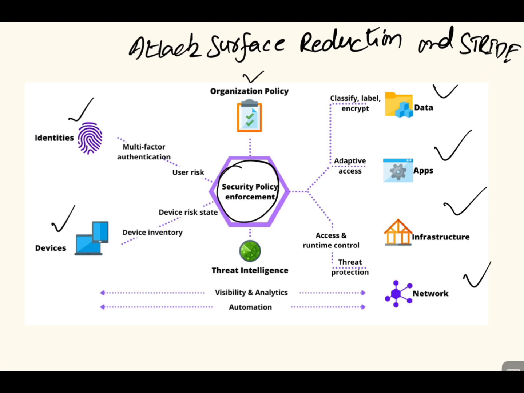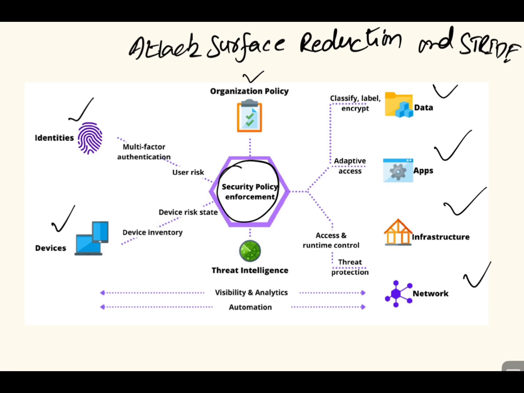How can it be done? Reduce exposure by enforcing strong authentication. This is how we can protect against spoofing. Second, if we talk about devices, protect against tampering: remove outdated, insecure devices. That is attack surface reduction.